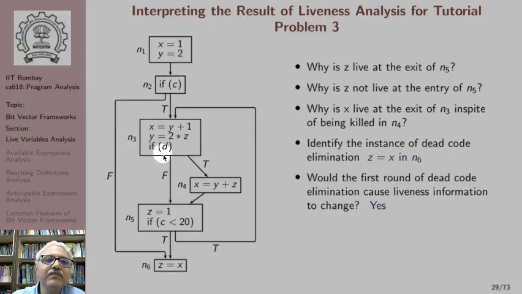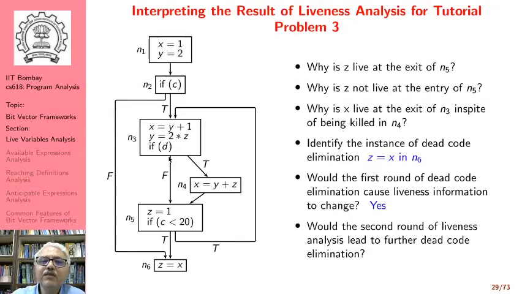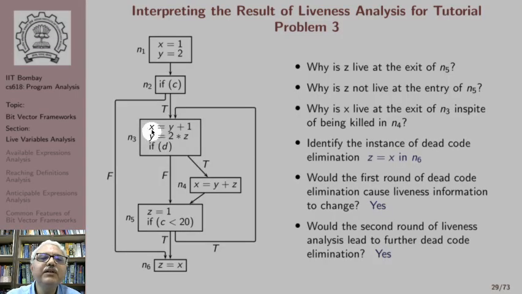X was live here because of the use in N6, but we have got rid of this particular assignment, therefore X will not be live here. Would the second round of liveness analysis lead to further dead code elimination? The answer to that question is yes, because if this X is not being used, then this particular assignment to X is of no use. We can get rid of this particular assignment.